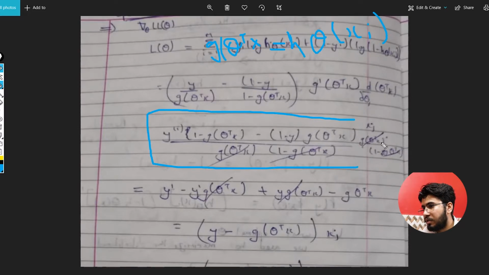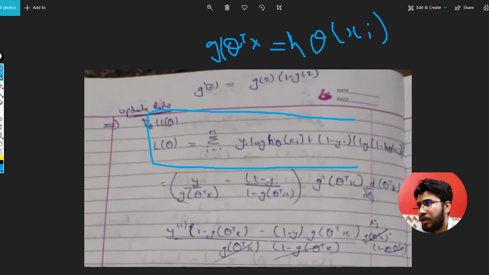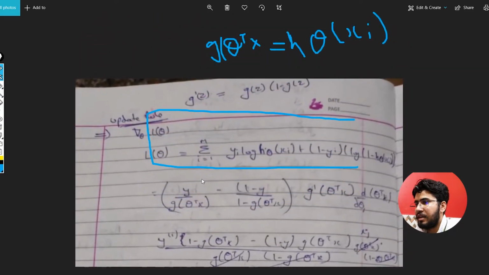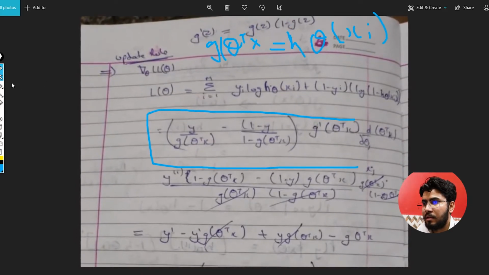So this is a sigmoid function, and the derivative of this sigmoid function is going to be like this. As I have written here, the derivative of a sigmoid function is the sigmoid function multiplied by 1 minus the sigmoid function.